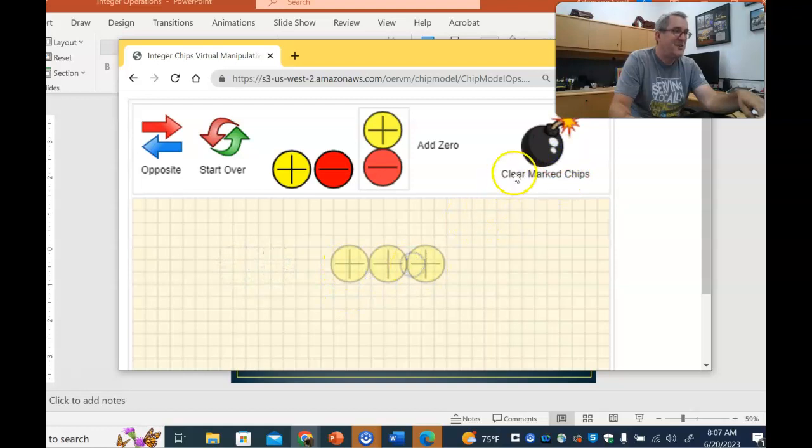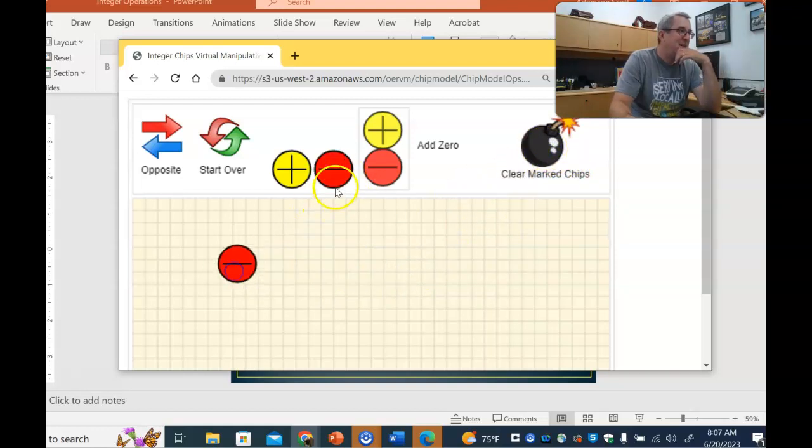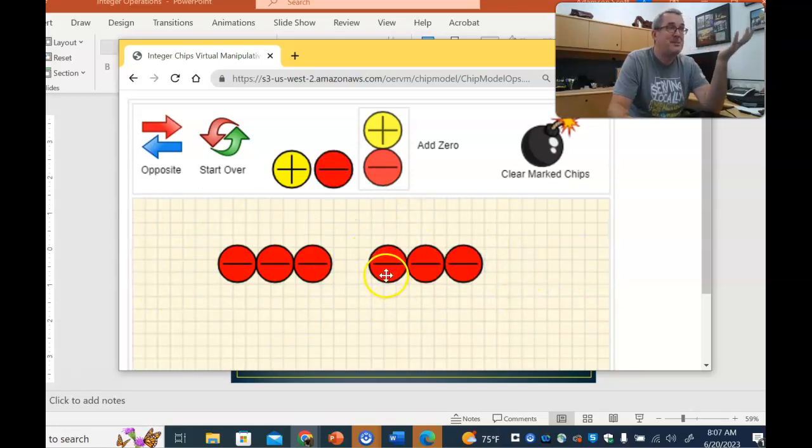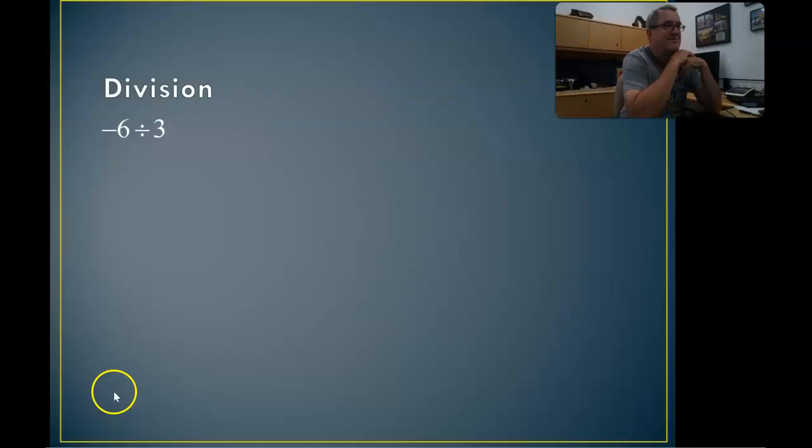I wish there was an easier way to flip these. Wouldn't that be cool? But if instead of making copies of 3, I make the opposite, I make copies of -3, notice it takes 2 groups opposite of 3, the negative of 3, to make -6. So I'm going to go back to my PowerPoint and show it to you a different way.